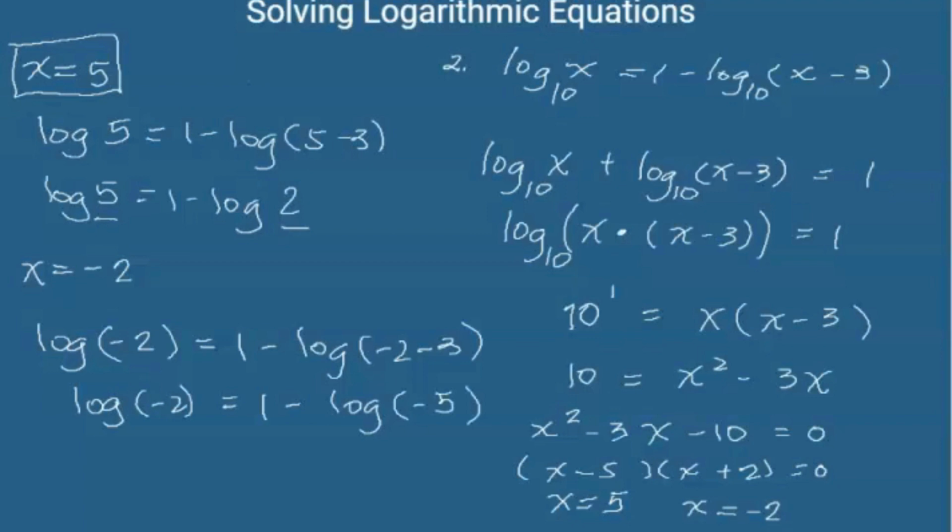Since we have negative numbers in the logarithms, x equals negative 2 is not a solution. So we only have one solution, and that's x equal to 5.